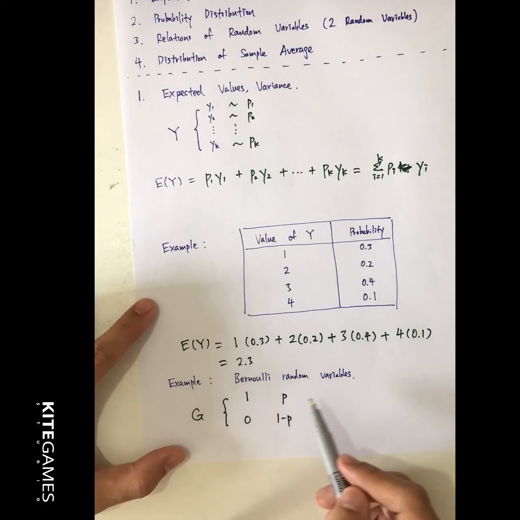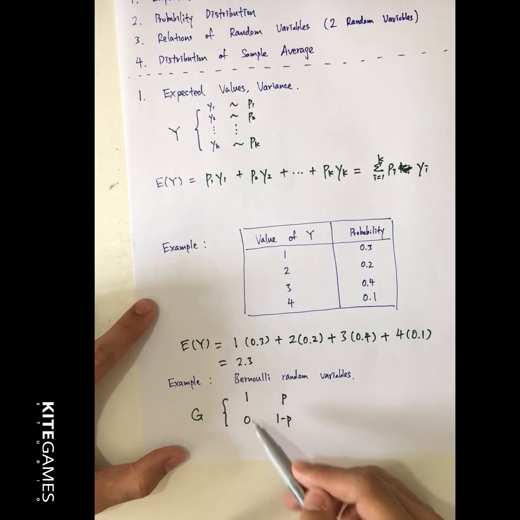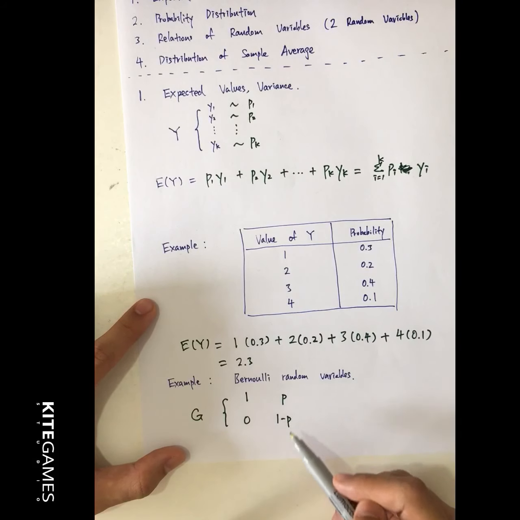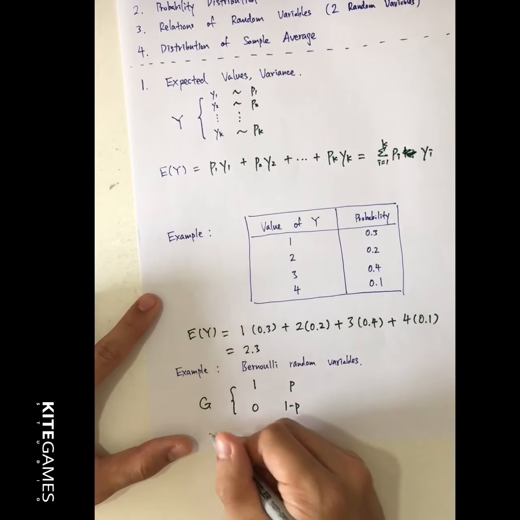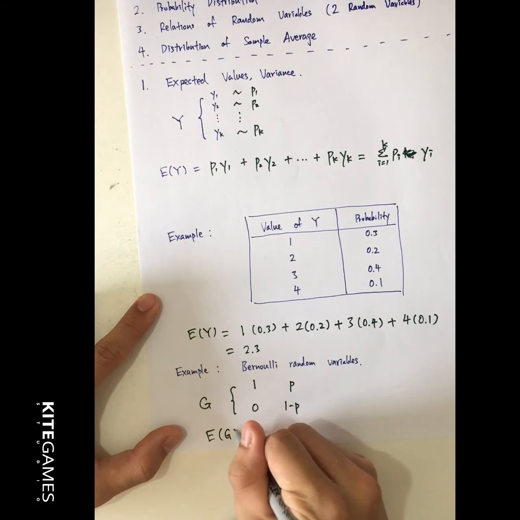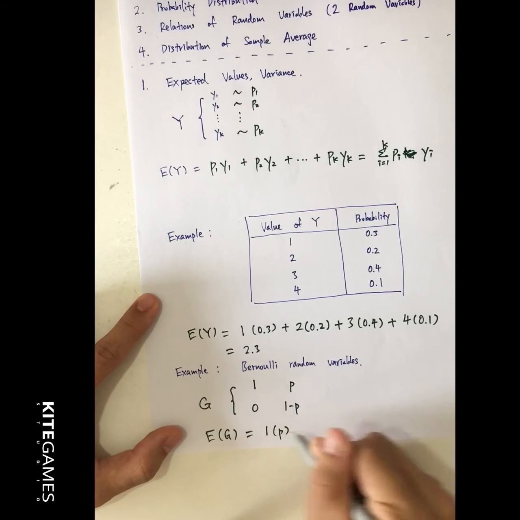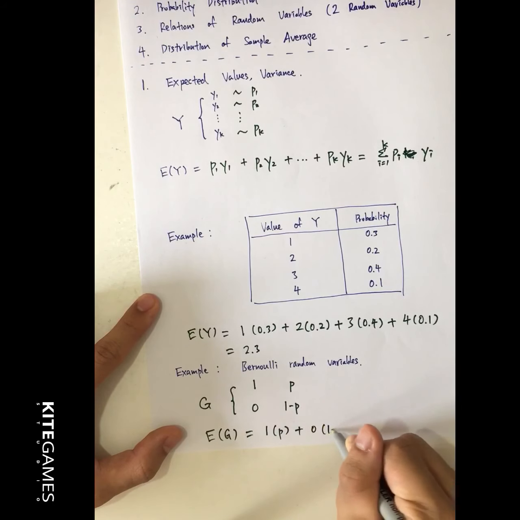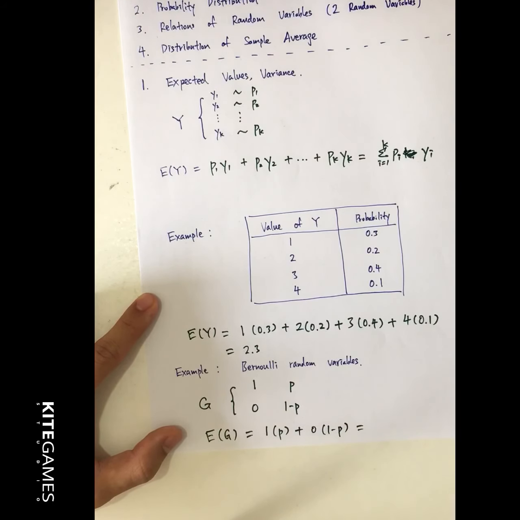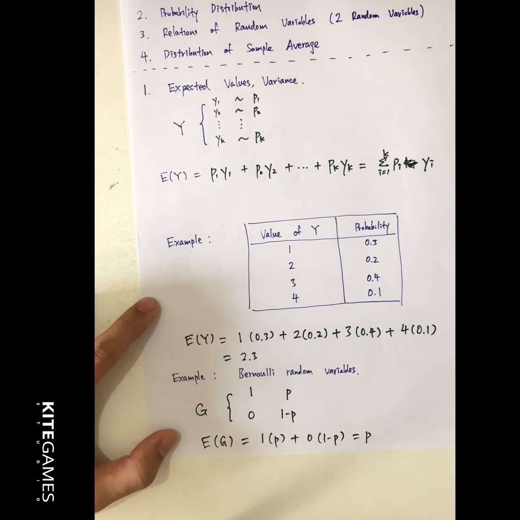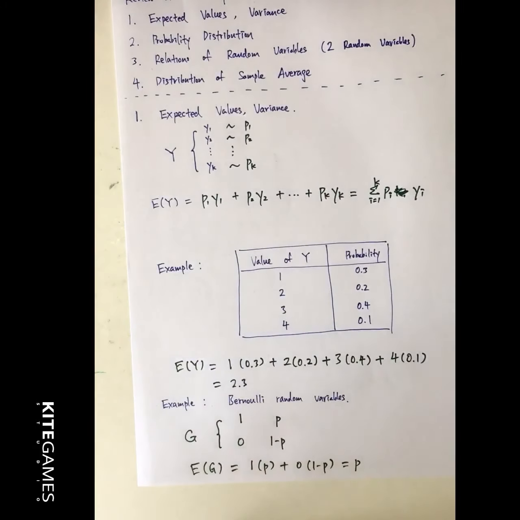So the Bernoulli distribution just takes two values, 1 and 0, with probability p and 1 minus p. The expected value of g is simply equal to 1 times p plus 0 times 1 minus p, which is equal to p. Okay, so this is the concept of expected values.